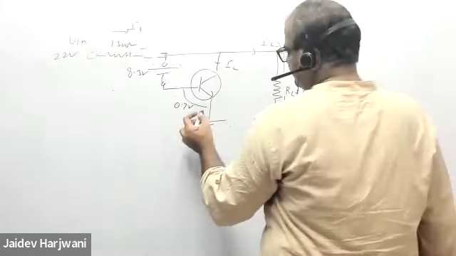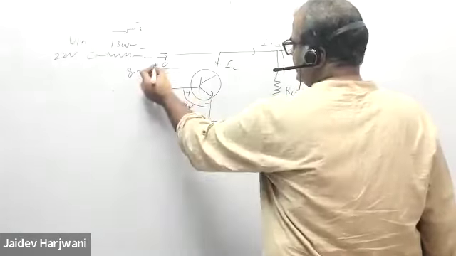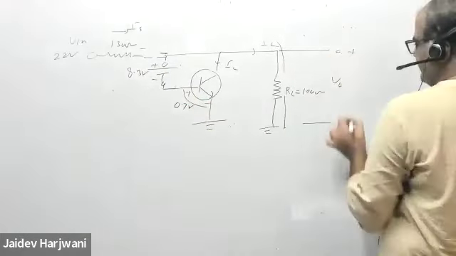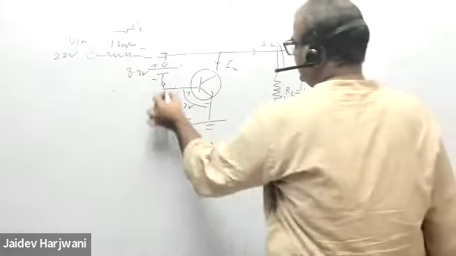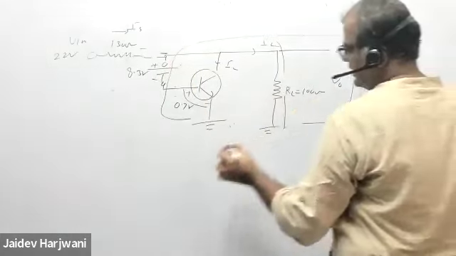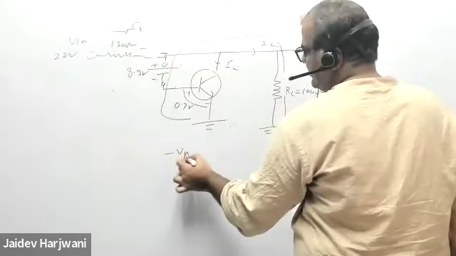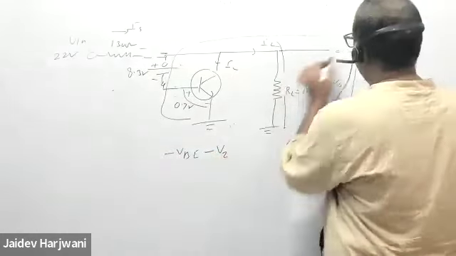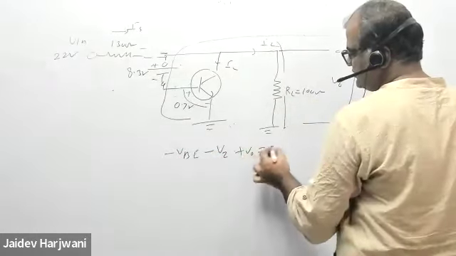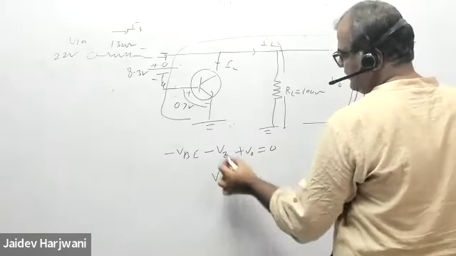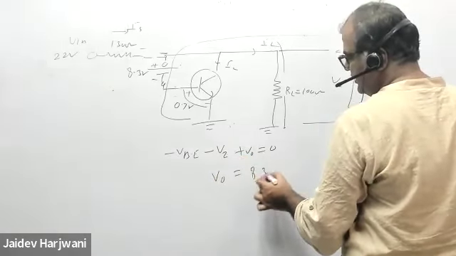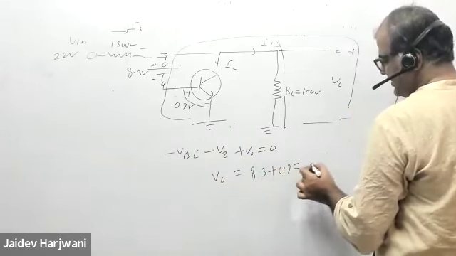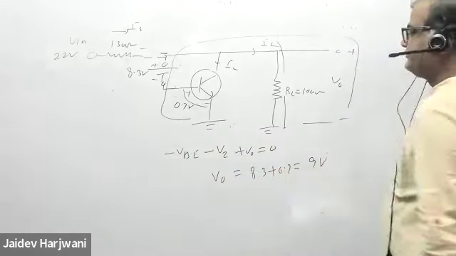Now I can find directly what is my V output. So V output is this one. This is a plus minus. So I can go from this path here. So I can write minus VBE minus VZ plus V naught equals 0. So V naught will be 8.3 plus 0.7, that is 9 volt.